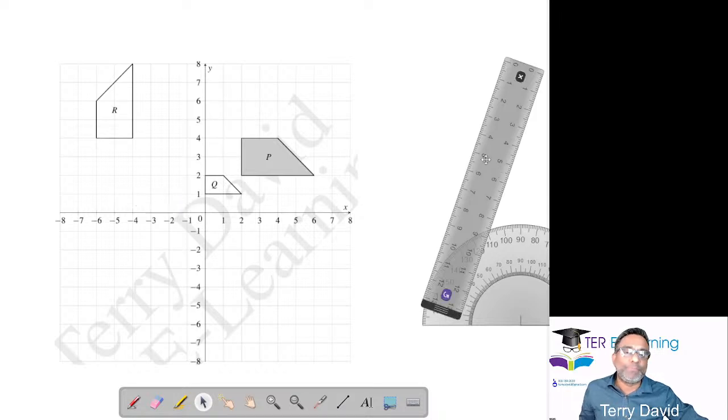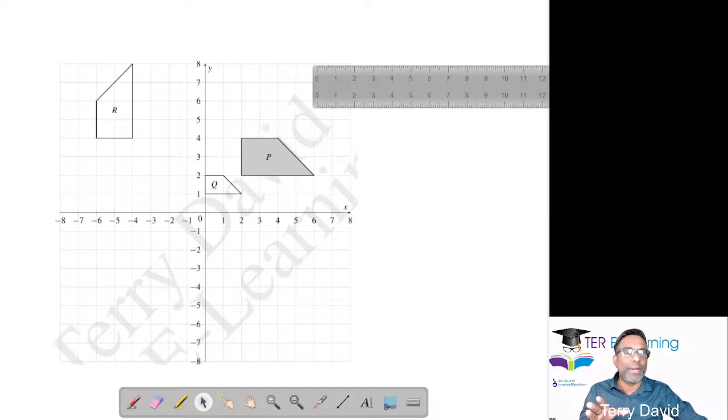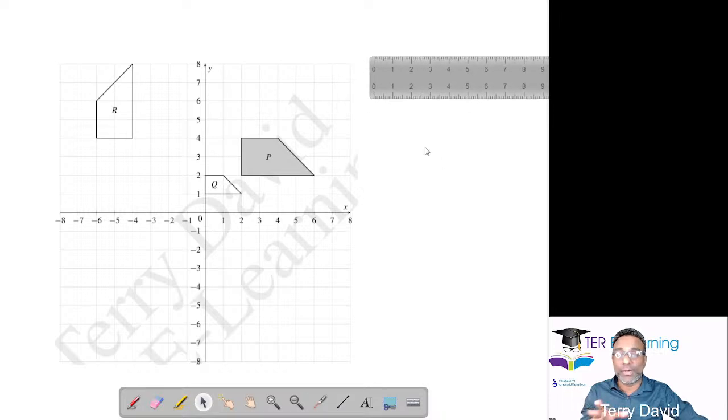So here's what I'm going to do. We need to figure out what is the center of rotation, right? Now some students have a little challenge with that, right? So try to pay attention to this, review the video if you need to, right? Let me just take off some things here from this diagram. Right, so I need a ruler, and I'm going to need a protractor in order to work this out. So the first thing we're going to do, I want to use 2 different colors here, right?